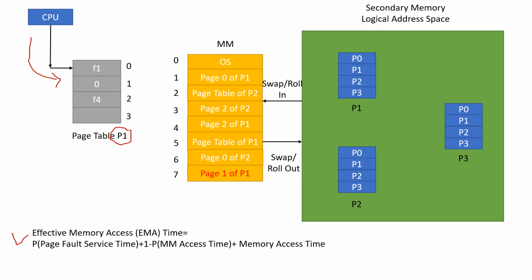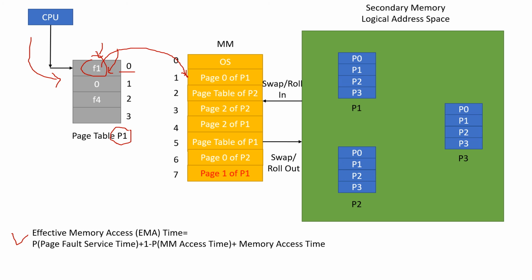In the first entry, what is stored here? F1. F1 is frame 1 of main memory. So when the CPU wants to access page 0 of P1, it will search in the page table. If the entry is found, it will go to the main memory and fetch that particular page. So it's a hit.